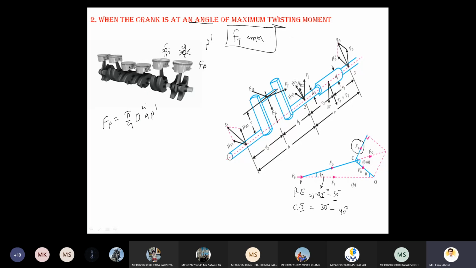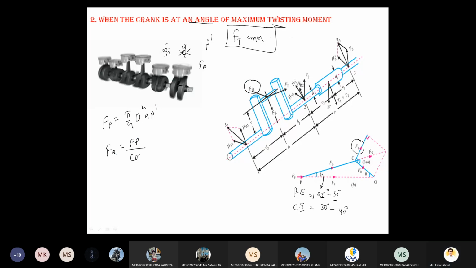And the thrust on the connecting rod is written as FQ, that is FP by cos phi, where phi is the angle of inclination of the connecting rod.